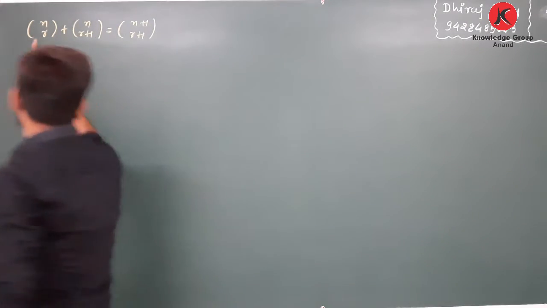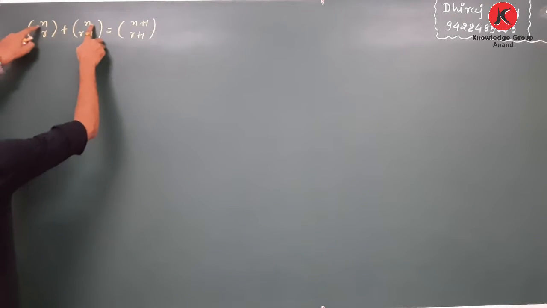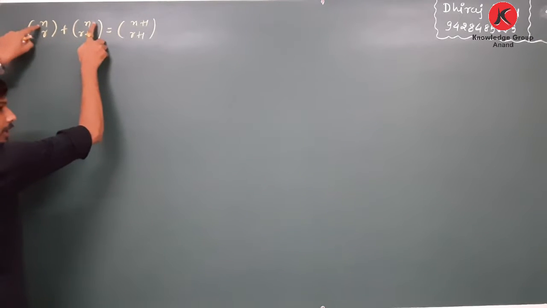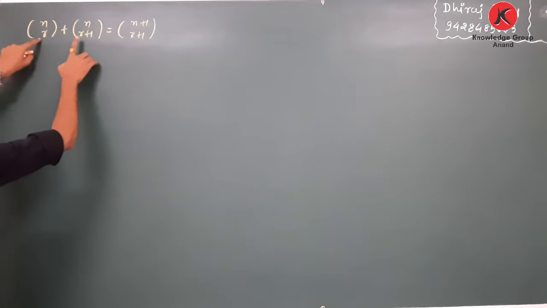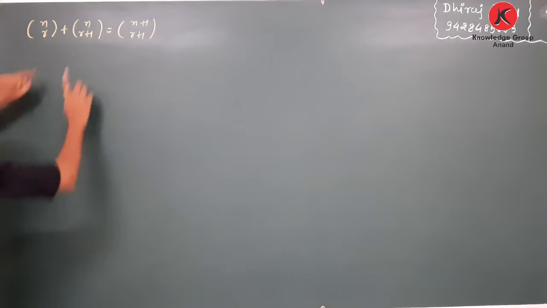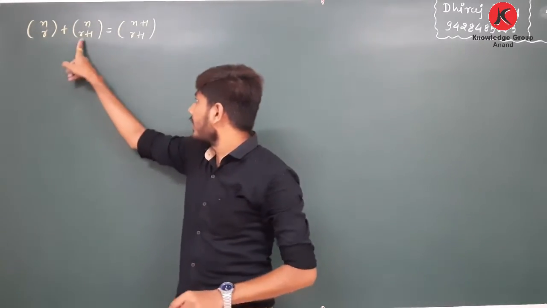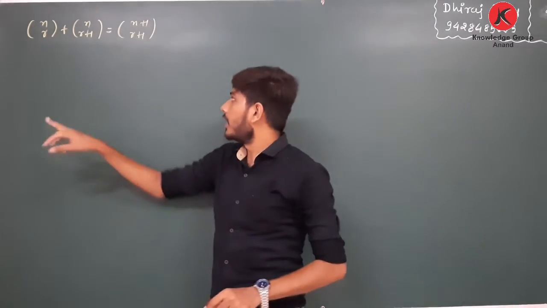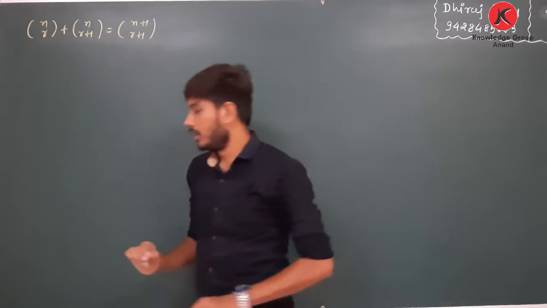In this formula we have to remember this thing. N will be the same, the addition symbol is there, and the difference between these two R terms is 1. Here R is there, here R plus 1 is there, therefore the difference between these two terms equals 1.